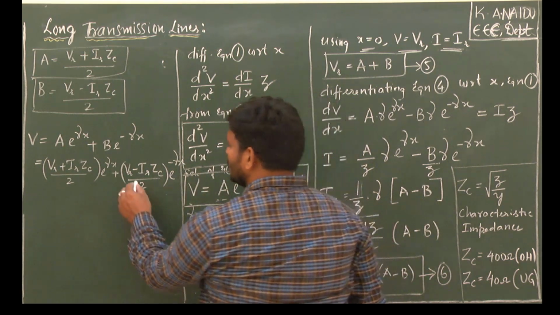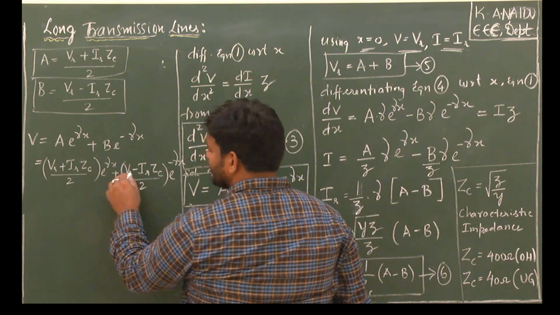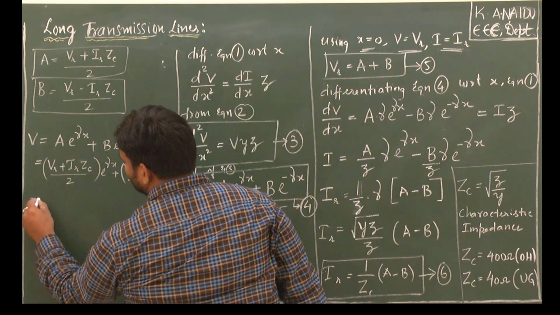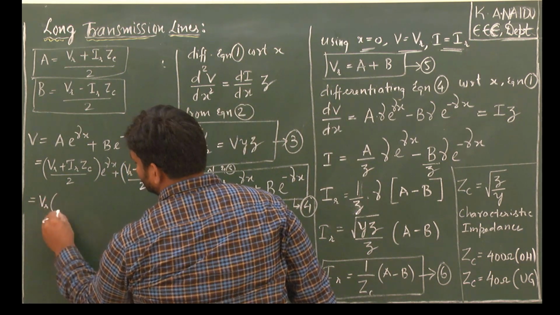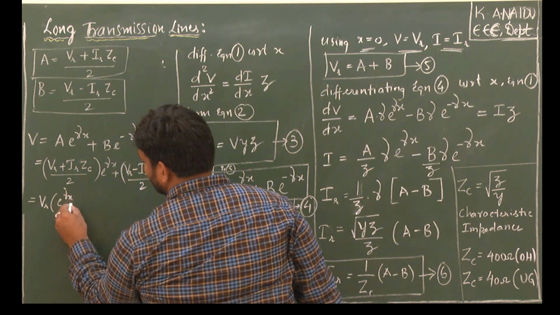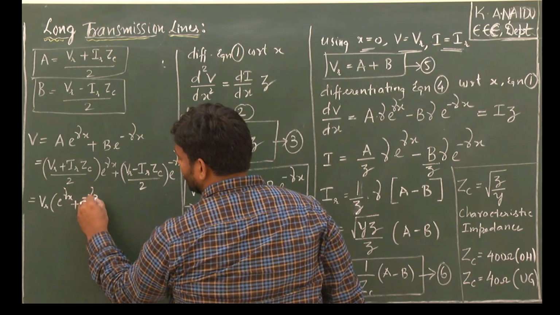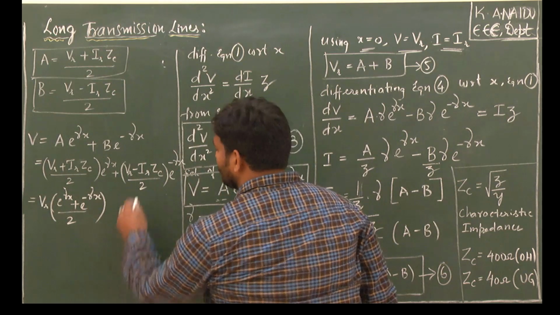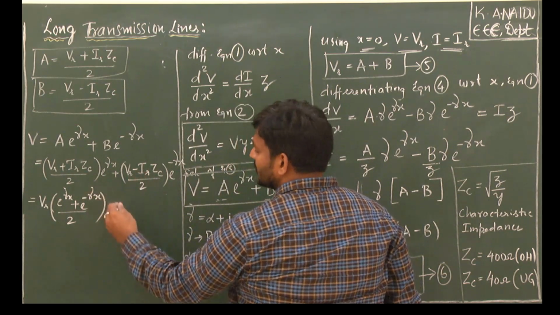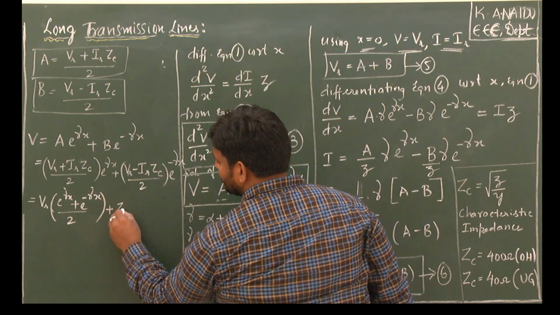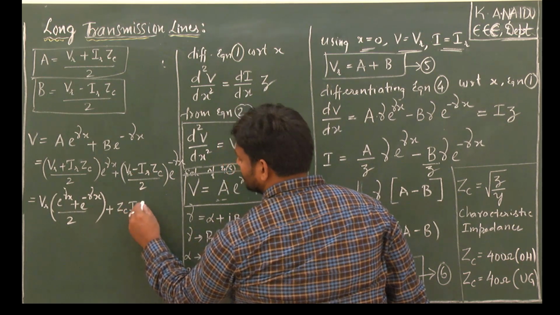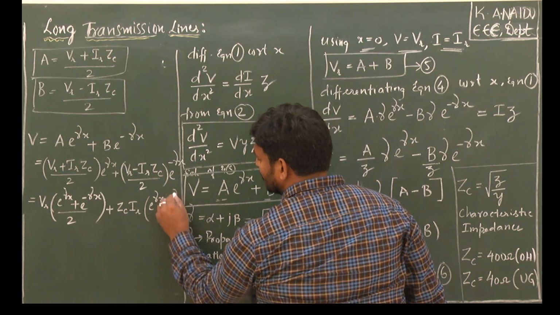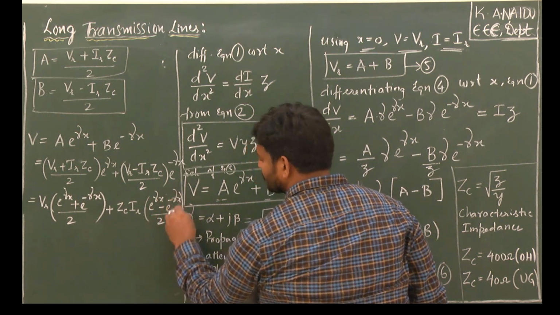Okay. Now you rearrange the terms so that the coefficients of VR and coefficients of IR are taken common. So you will get VR into (e power gamma x plus e power minus gamma x) upon 2. Similarly, you take the coefficients of IR outside and you check it. So you will get ZC into IR (e power gamma x minus e power minus gamma x) upon 2.